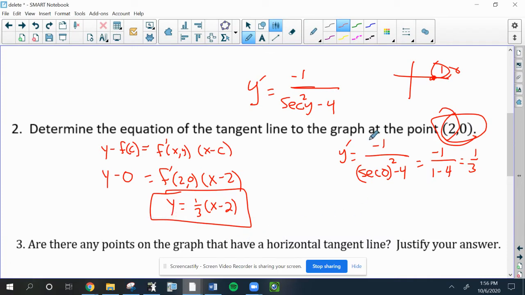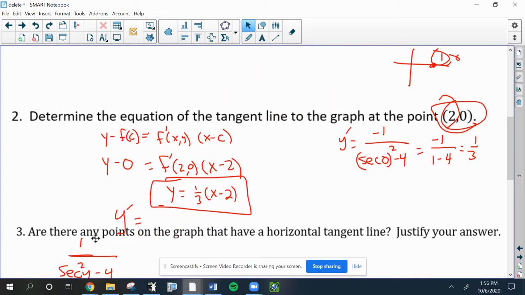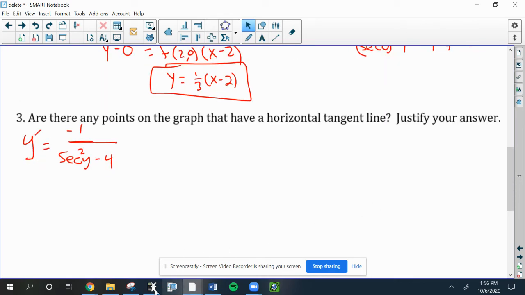Are there any points on the graph that have a horizontal tangent line? Justify your answer. So horizontal tangent line is where the derivative equals 0, where the slope is 0.